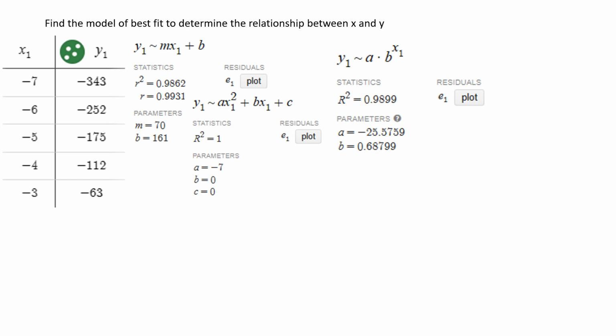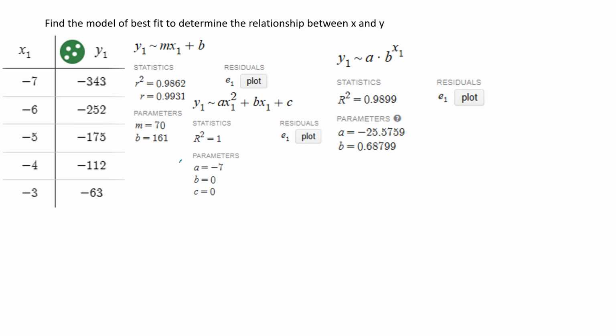I realize that the highest R value or R squared value is 1, and that's when it is quadratic. And because it is 1, I could say there's a strong relationship or a perfect relationship between x and y. It's perfect.